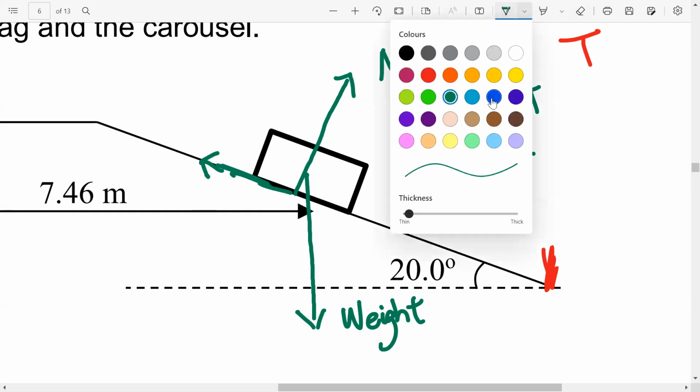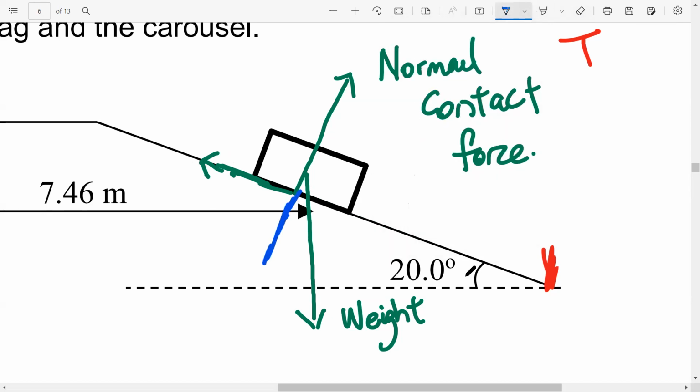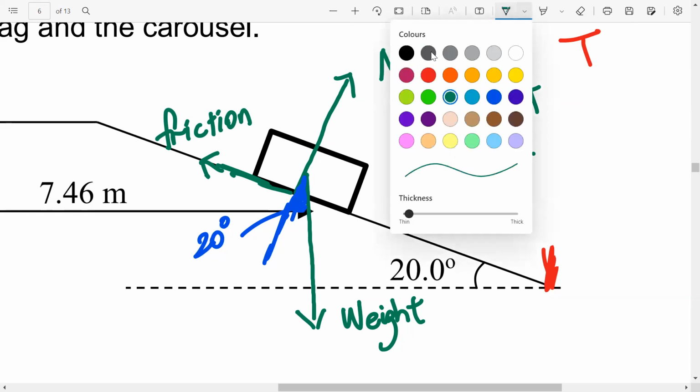Now, you also need to see that because this is 20 degrees here, as in dynamics, this part here is going to be 20 degrees. Let me label the friction first. This is now the free body diagram.